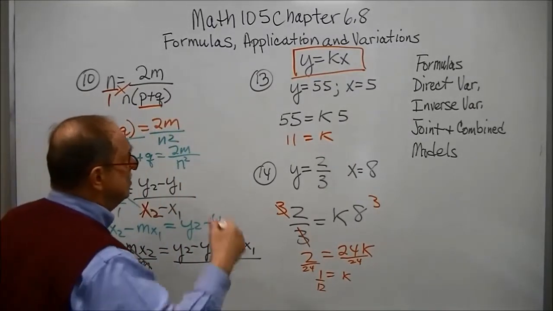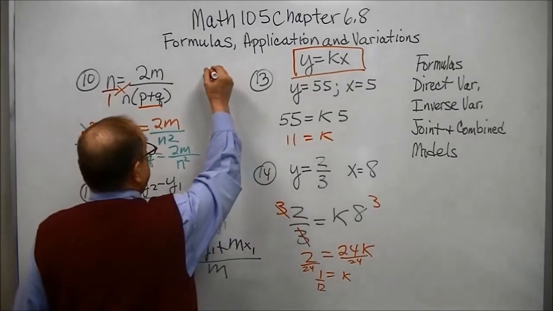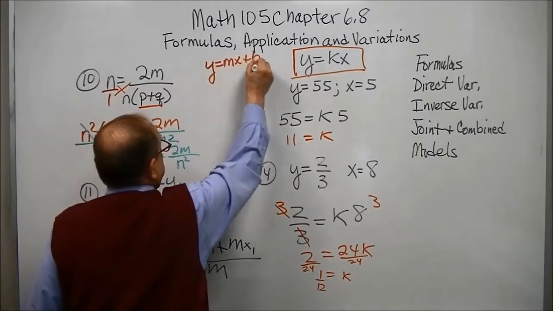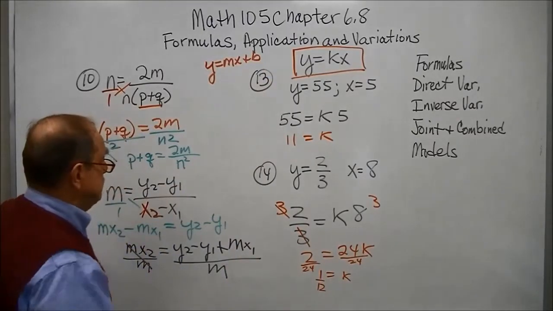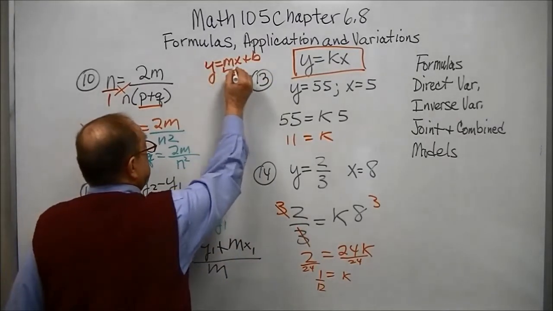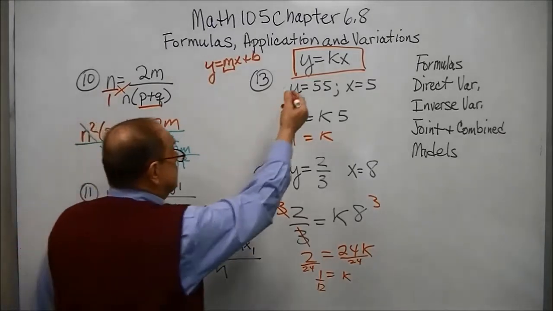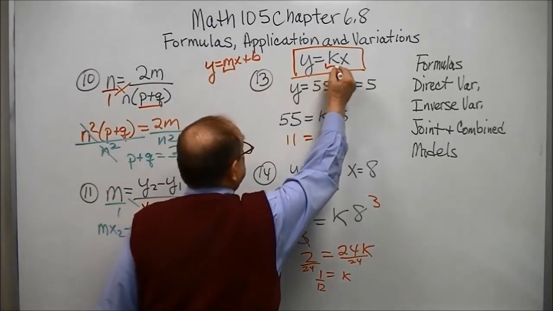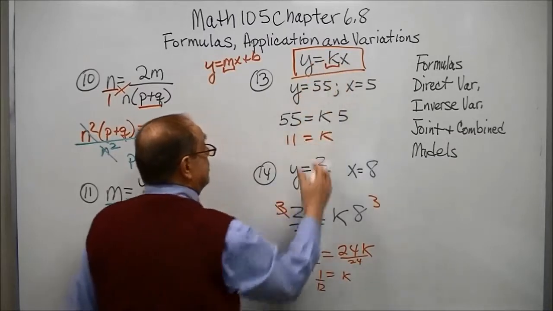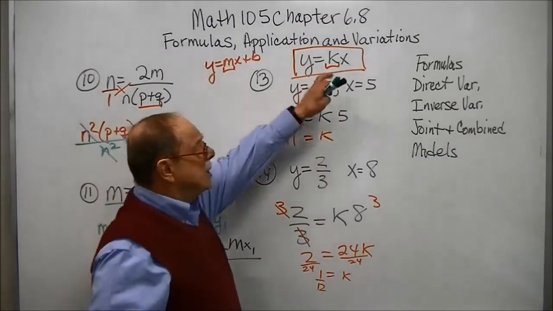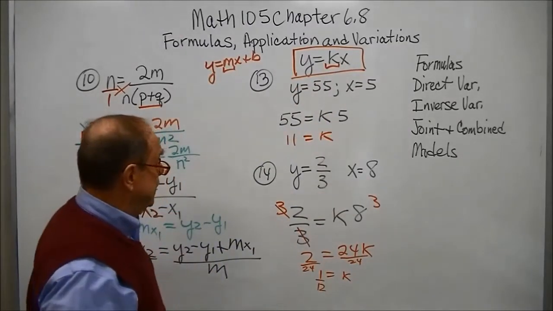Now you might remember from an earlier chapter where we had y equals mx plus b, where we said m was the slope there. Well, in essence, that's the same formula. k is sort of the slope, but when we talk about variation, we call it the constant of variation.